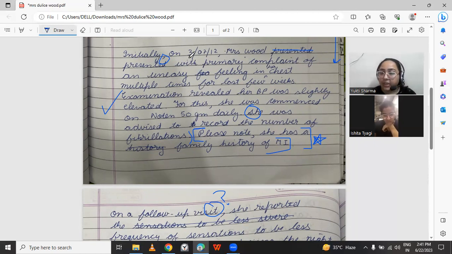She was advised, because when was she advised? On 3rd of July when she came. If the time isn't known, we can simply write that during her visit she has been advised to record the number of fibrillations. So if only a piece of information is being given, use present perfect, otherwise past.